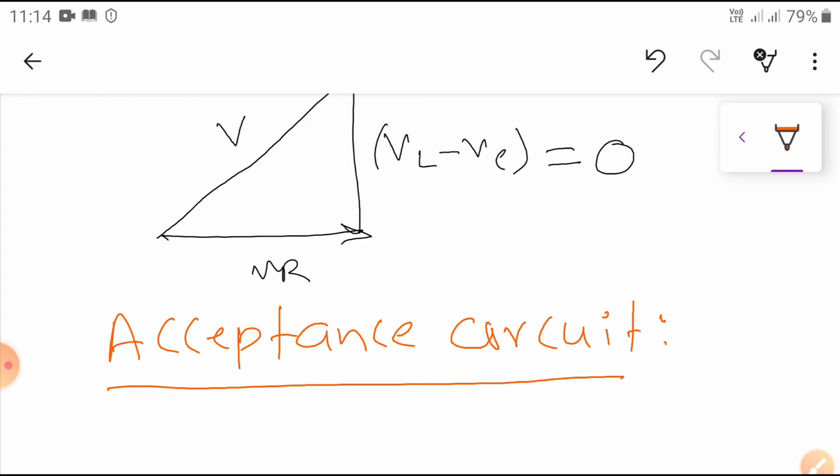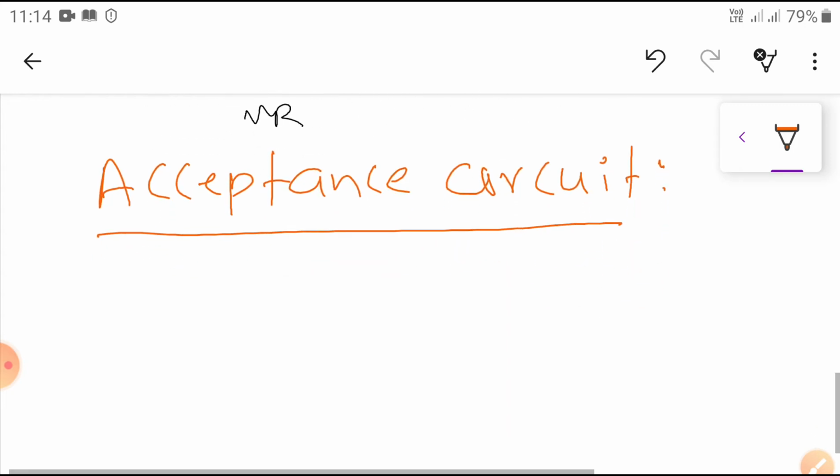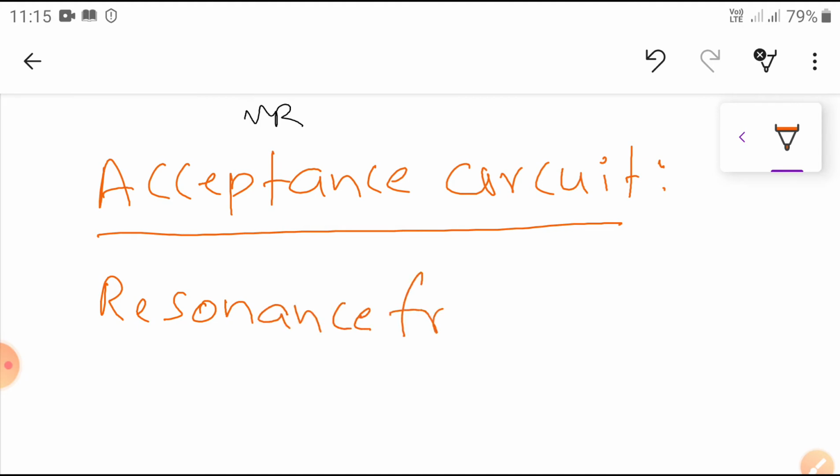So at the resonance frequency, what is that frequency? We can calculate that also. I want the resonance frequency, FR.